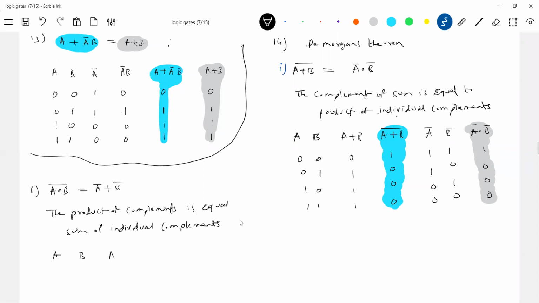A, B, A dot B, (A dot B) whole complement, A complement, B complement, then A complement plus B complement.